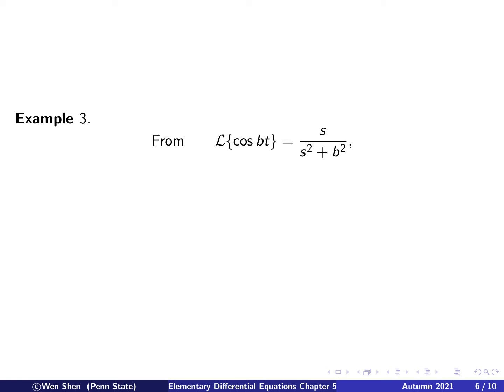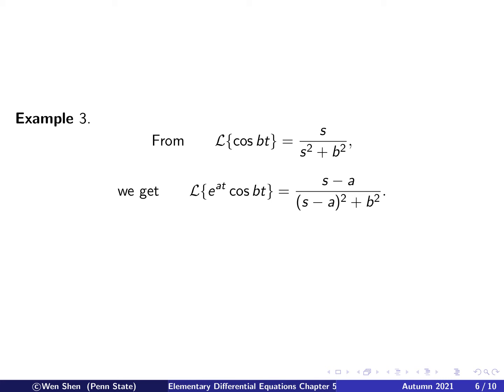For the third example, we use the given Laplace transform of the cosine function, which is s over s squared plus b squared. The Laplace transform of e^(at) times cosine bt is obtained by taking this and shifting by a units, that is, wherever you have s, you replace it by s minus a.